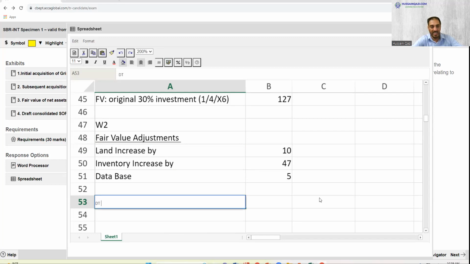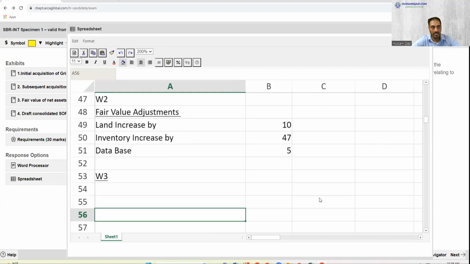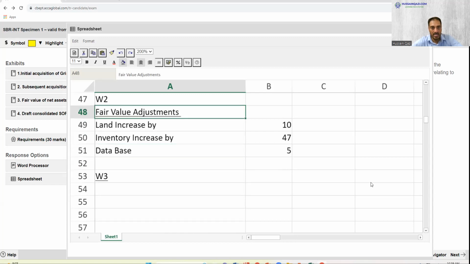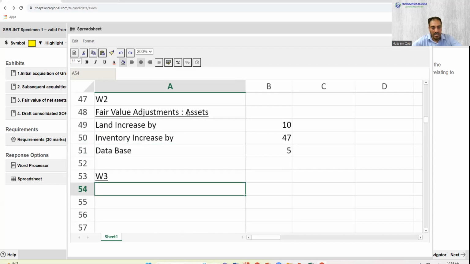And what about the deferred tax liability? That is working 3. These are the value of assets.